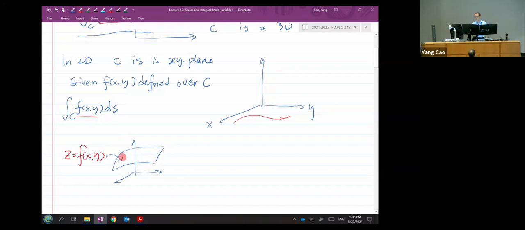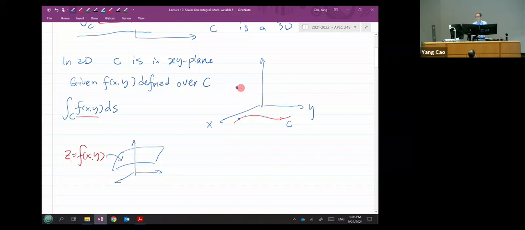Now let's get back to this scalar line integral. It is about integrating over the curve C, meaning you don't care about anywhere else other than the points on the curve C. If I pick a point here and substitute its coordinates into this function f, you calculate and get a z value, somewhere here.